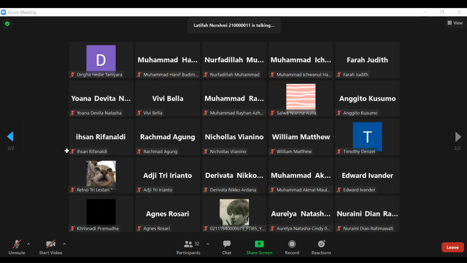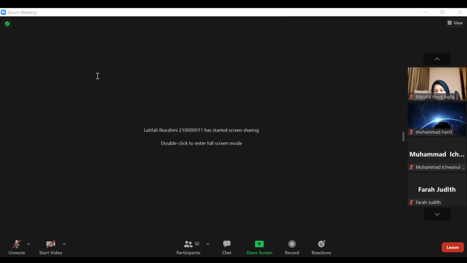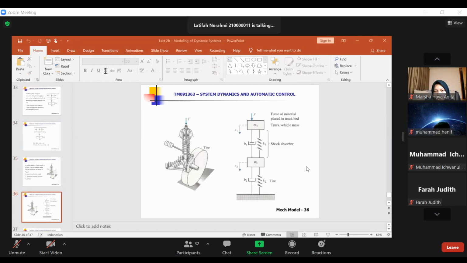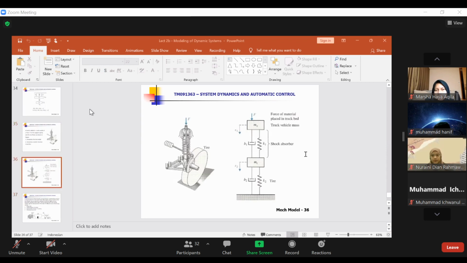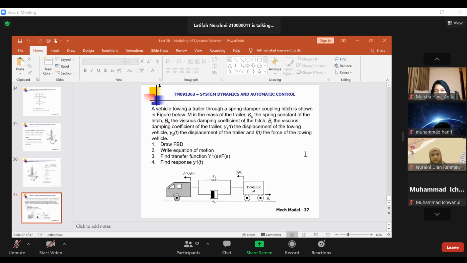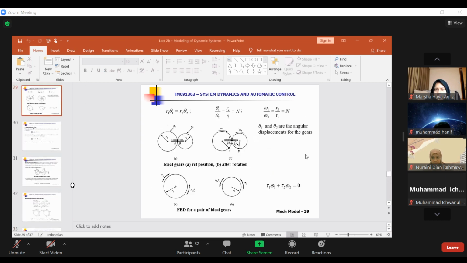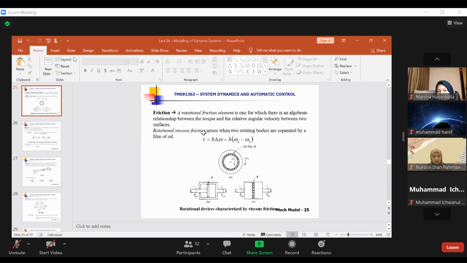I will give you an example. It can be a combination of translation and rotation, so pay attention. I think we did this before. Let's make this one.